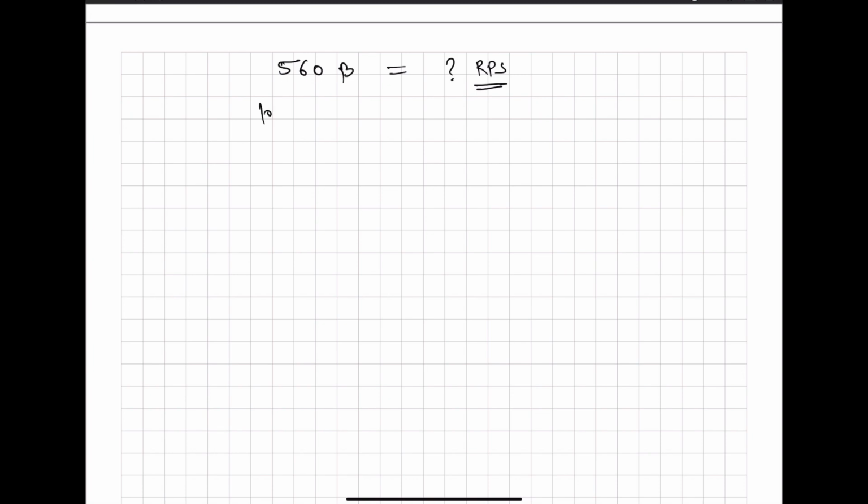From our formula we can write it as 10 into 10 to the power minus 6 into 560 into 1 billion, and 1 billion is 10 to the power 9. We multiply these numbers, 560, add one more 0, then we reduce 6 from 9, and it becomes 10 to the power 3.